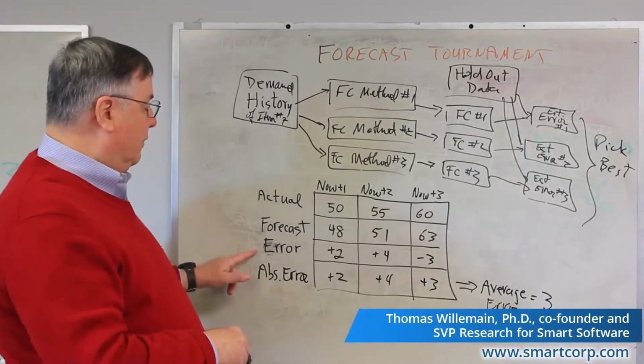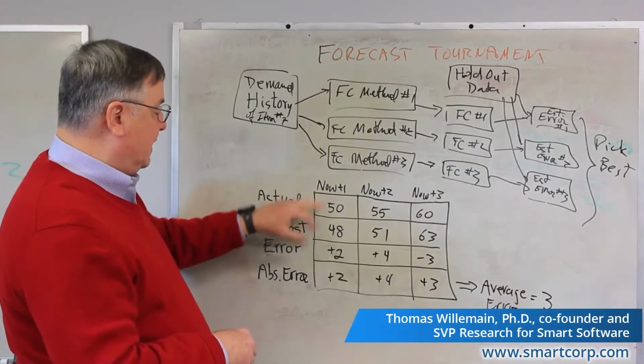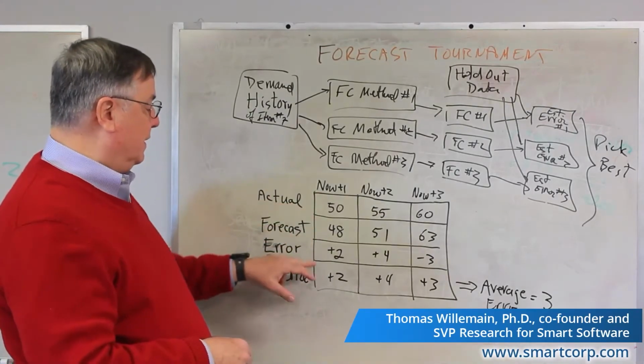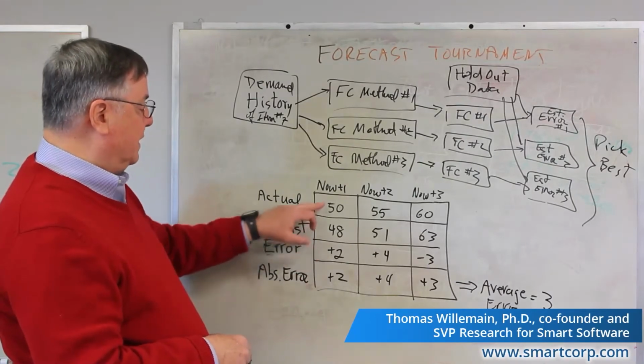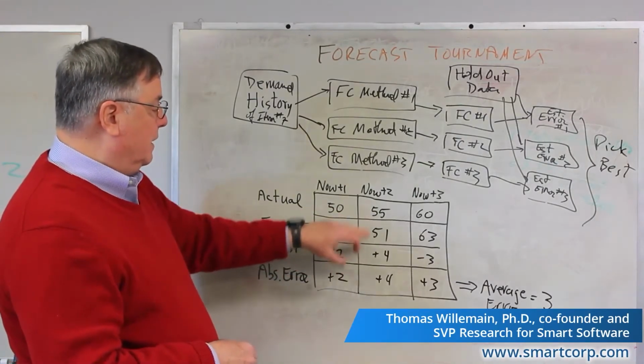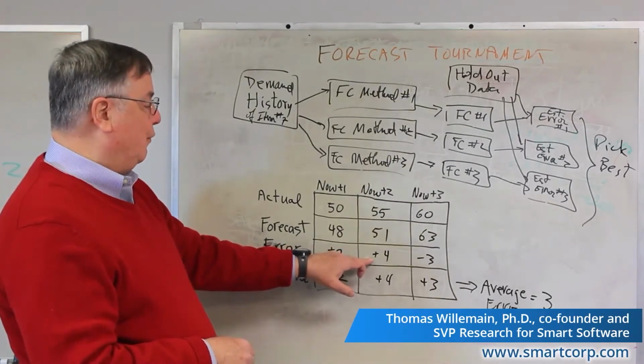Well, here's the error, which is the actual minus the forecast. So the error in this case was plus 2. The actual was 2 above. In the second period into the future, the error was plus 4.